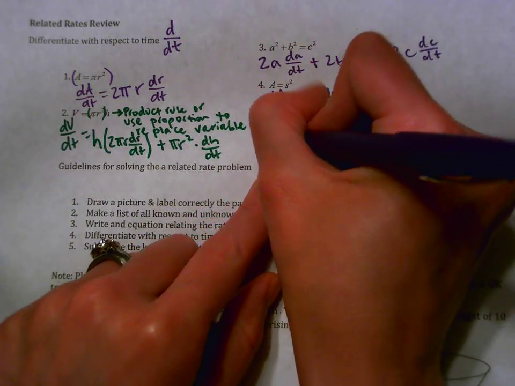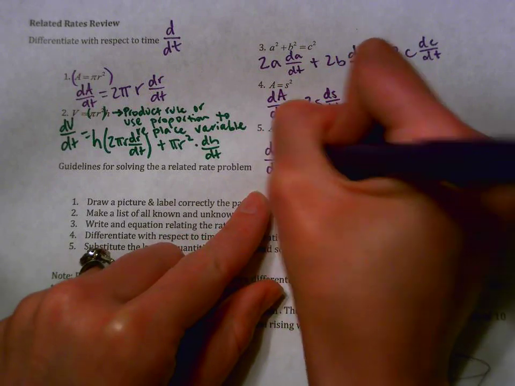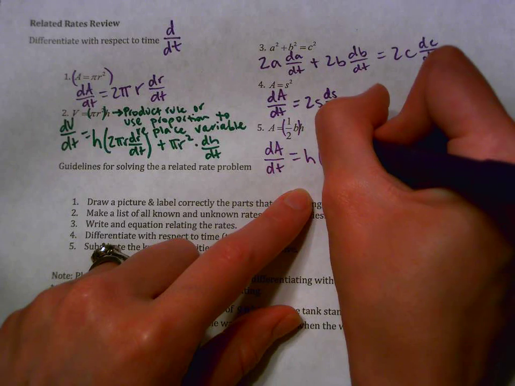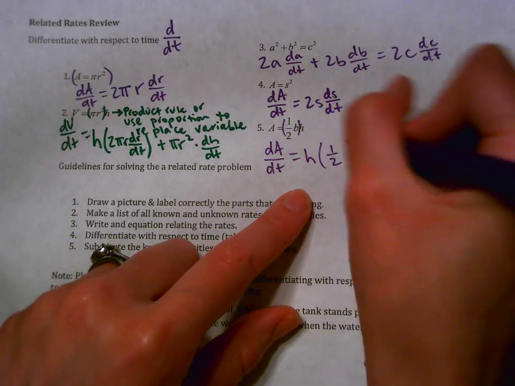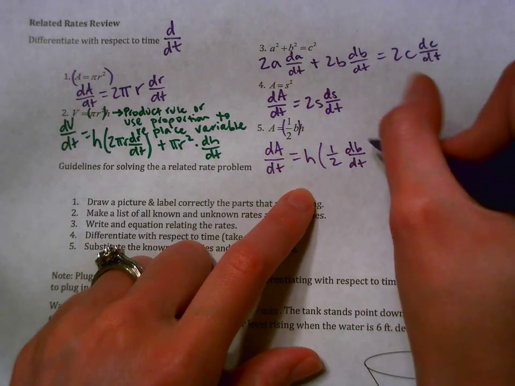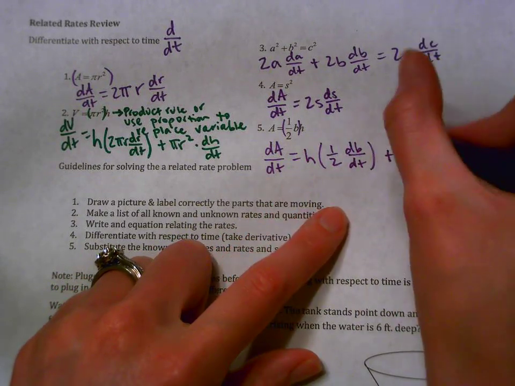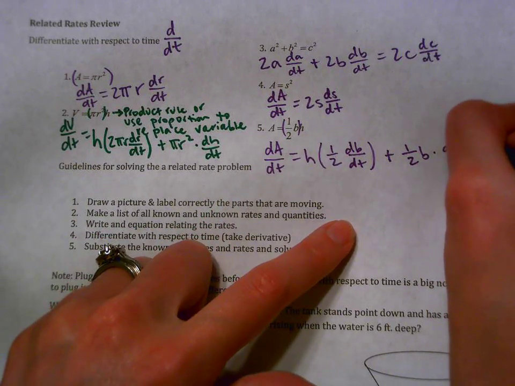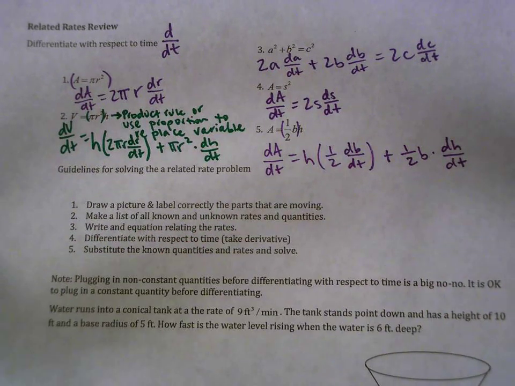So this would become dA dt equals the original second times the derivative of the first, which would just be 1/2 dB dt, right? Plus, now switch it, the original first times the derivative of the second, which would be dh dt.